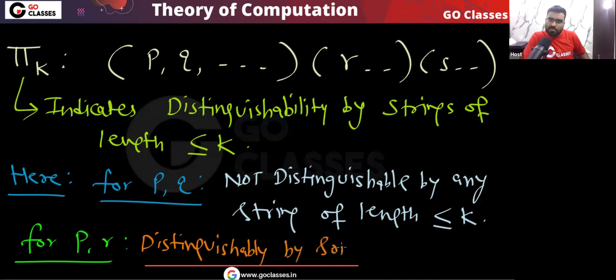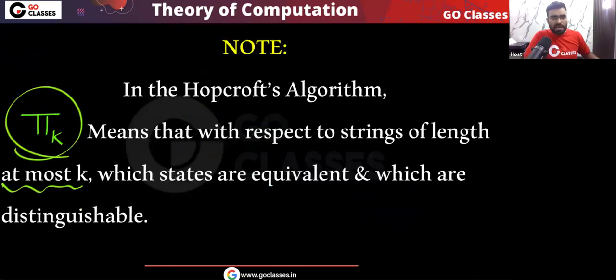Okay, is this point clear? Please tell me what pi k indicates. Pi k indicates that with respect to strings of length at most k, which states are equivalent and which states are distinguishable.